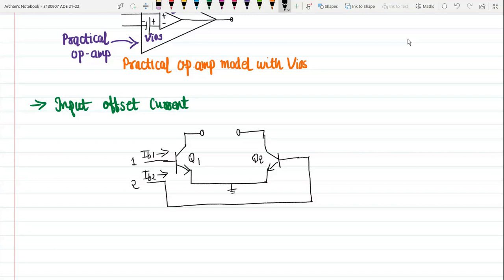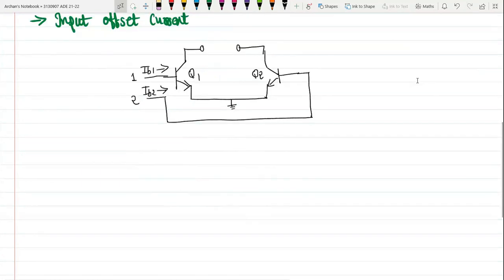So if we take the algebraic difference between these currents flowing into the two input terminals of the op amp, it is called input offset current and it is denoted by IIOS. Mathematically, input offset current IIOS is nothing but the difference between the two base currents IB1 and IB2.